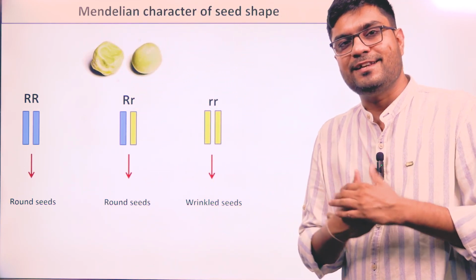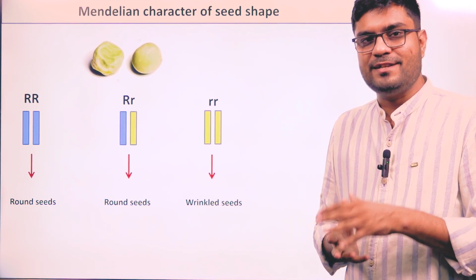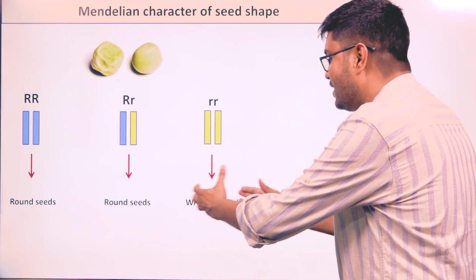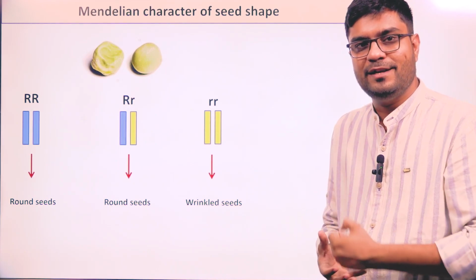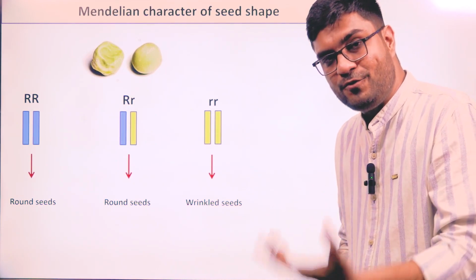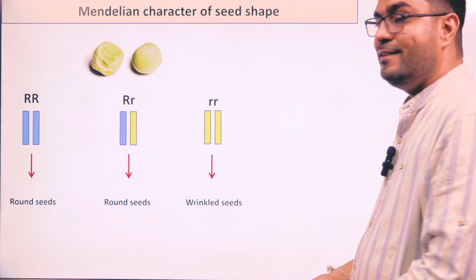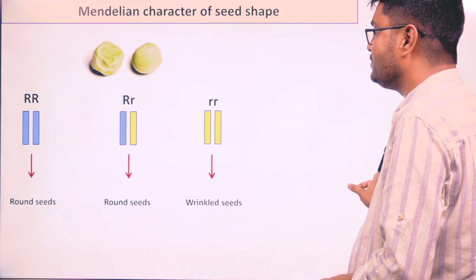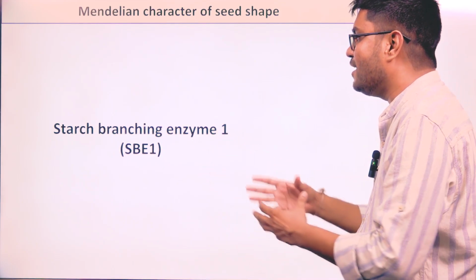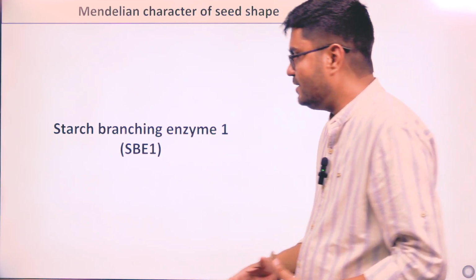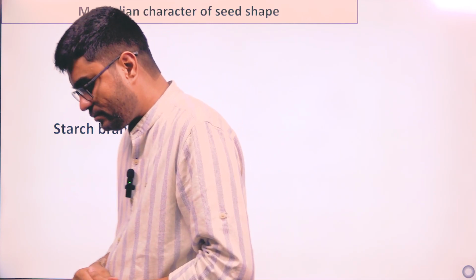Now what is our first task? First task is, this round and wrinkled phenotype should be the result of a particular protein action. People tried to find out that protein, and they finally found out that this particular protein is starch branching enzyme 1, SBE1.